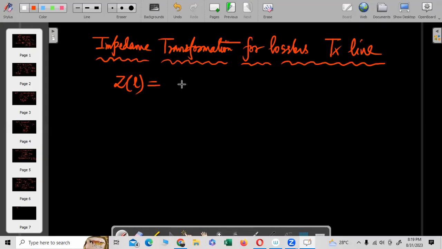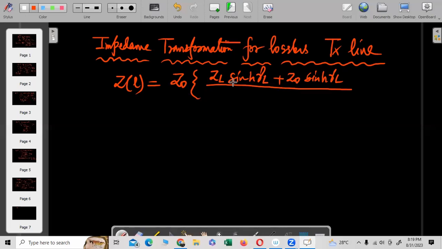Okay. This formula I already told. You refer to the previous notes. Z_in equals Z naught times (ZL sinh gamma L plus Z naught sinh gamma L) divided by, sorry, that is hyperbolic.